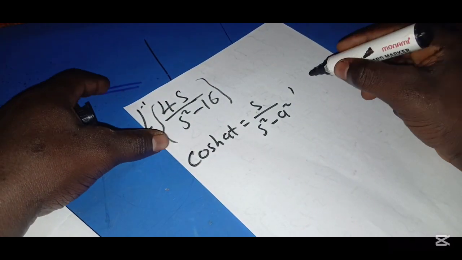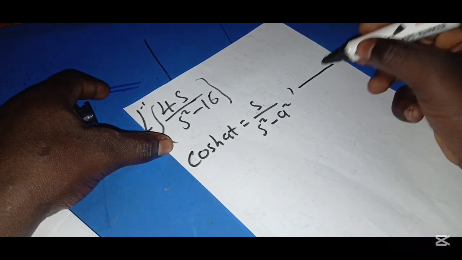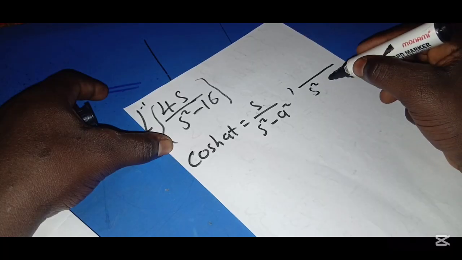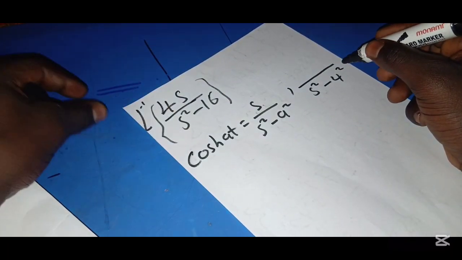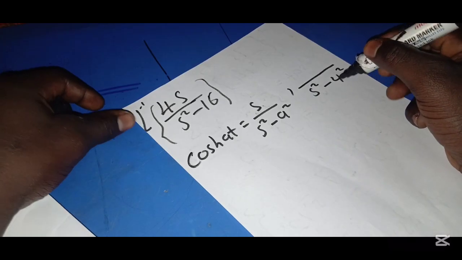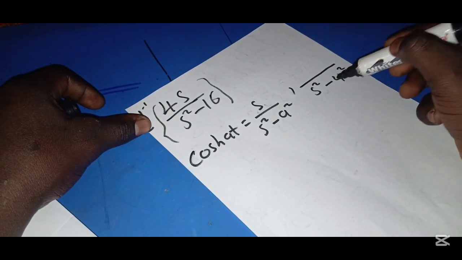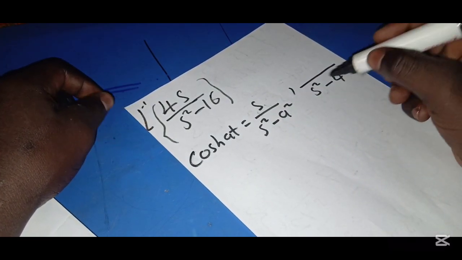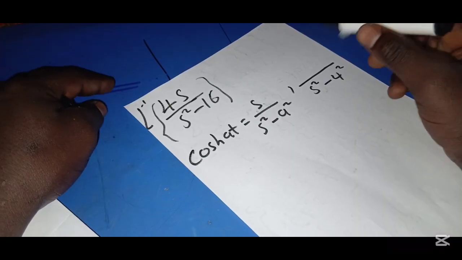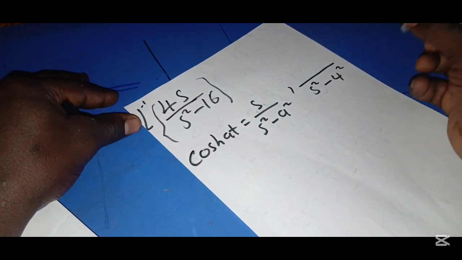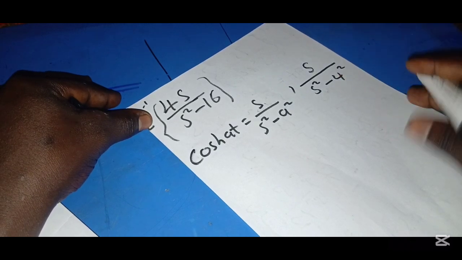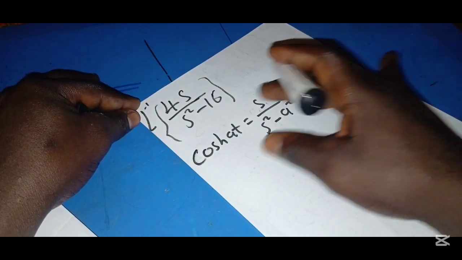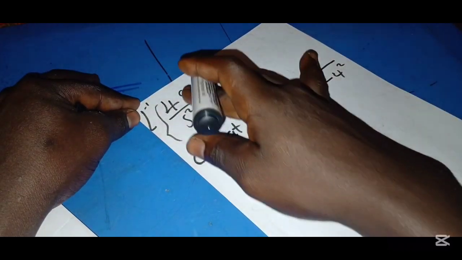My denominator can be written as s squared minus 4 squared, since 4 squared gives me 16, right? Here clearly I'm seeing the value for my a. Good. We are done with the denominator analysis. Let's look at the numerator. For cosh, my numerator is supposed to be s. By comparing this to the problem given, I have 4s.